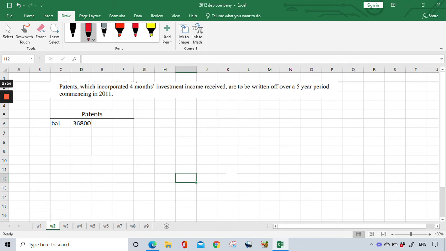Okay, that's the first thing I do. Over here on the right, I'm going to work out the investment interest. Excuse my spelling. Okay, so first of all, I'm going to do it for the year.